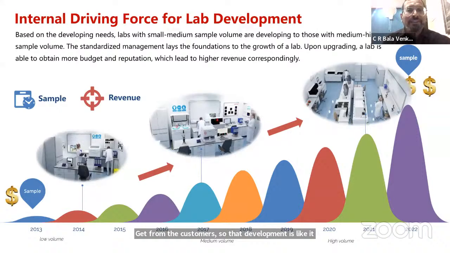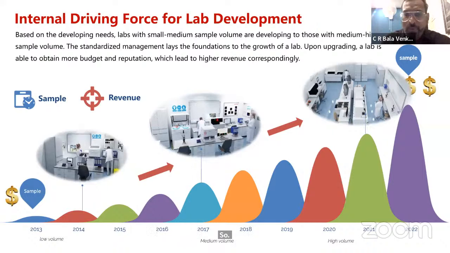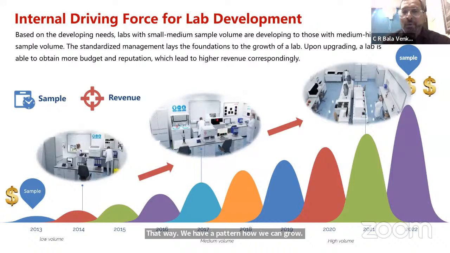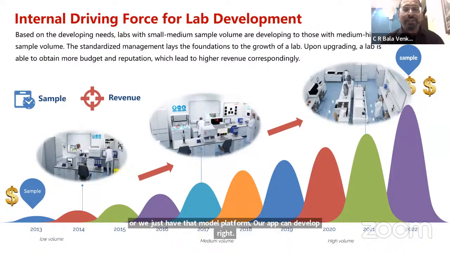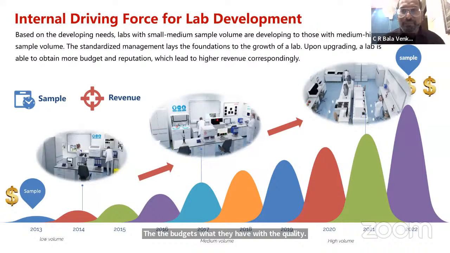The workload can increase with our good practices. So we have a pattern of how we can grow year on year. This is the model platform for how the lab can develop with the budget it has and quality consciousness. Next.